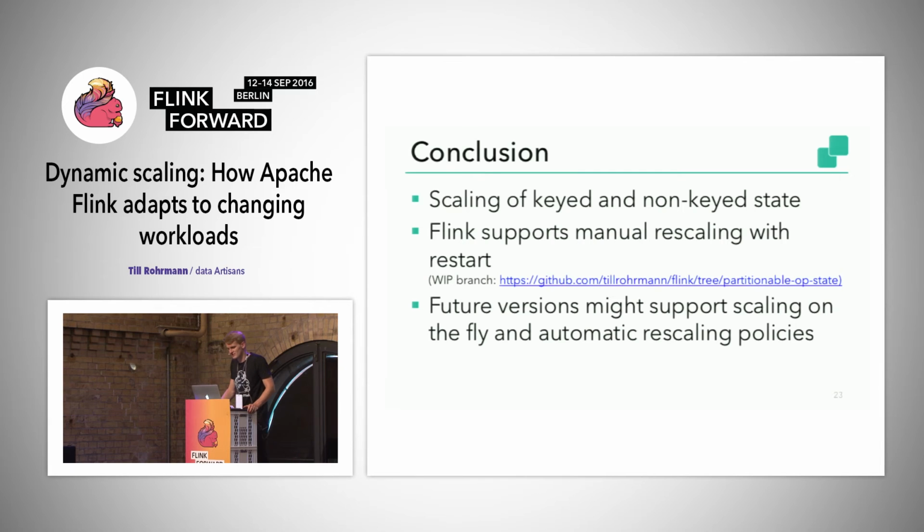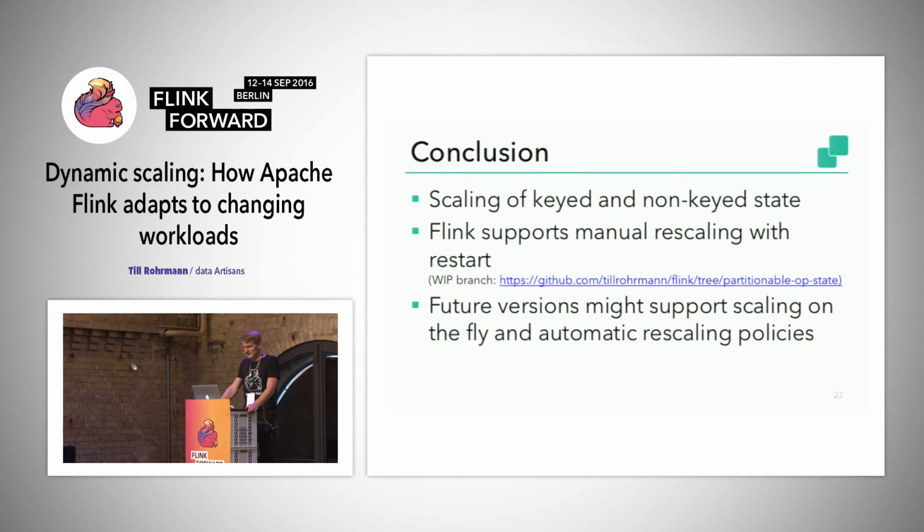At the moment, there's no way to change the number of key groups once you've started the job. When you write a job, you set a parameter value called max parallelism, which defines the number of key groups, and that is static, so it won't change.